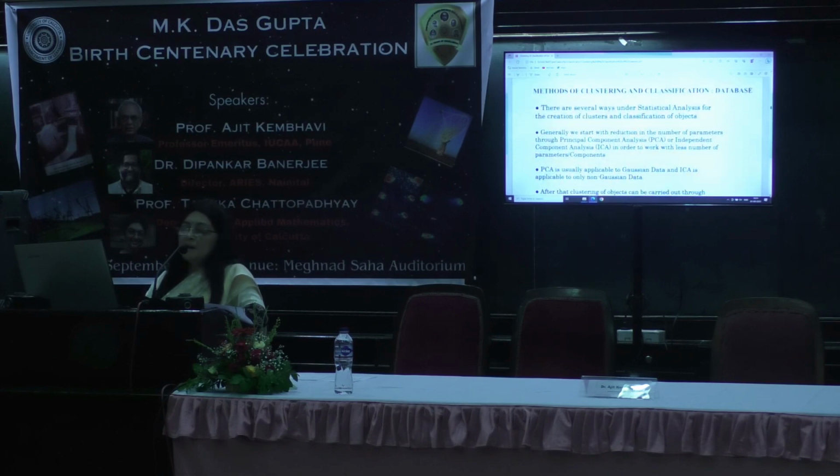Now we get different types of data from the galaxies. Those data are spectroscopic data, then morphological parameters, then photometric data. So what to do with that kind of data? To get significant information using those data is very important.